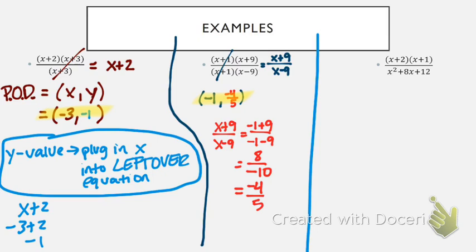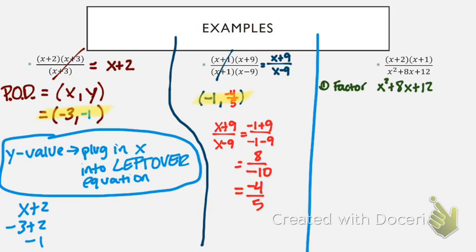So if we factor x squared plus 8x plus 12. And if you remember in the last video, I told you that every time we see an x squared, from here on out, we just immediately need to be thinking, I need to factor this.